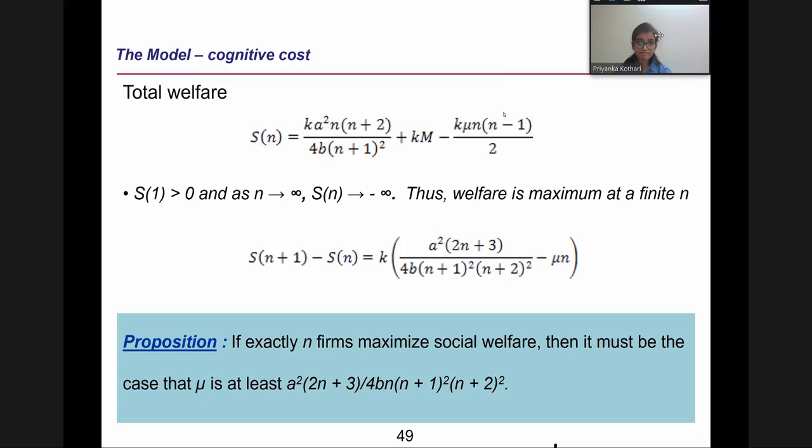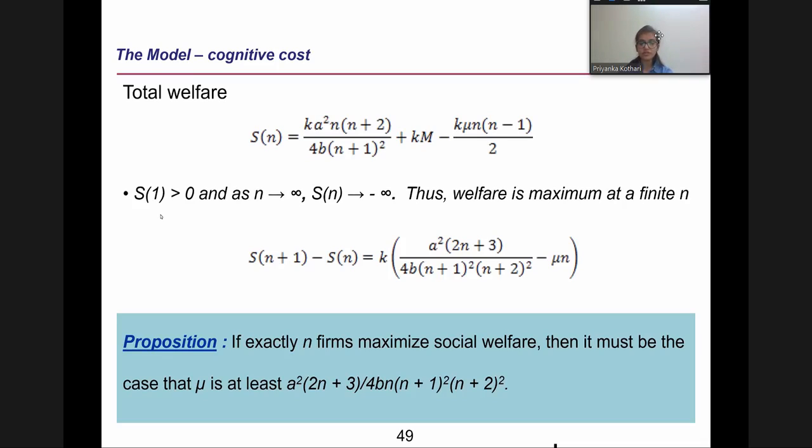So the total welfare is again the sum of producer surplus and consumer surplus, and we see that when there is one firm, then the welfare is positive, and as n grows to infinity, the welfare declines to minus infinity. So there is a finite number of n that maximizes the welfare.